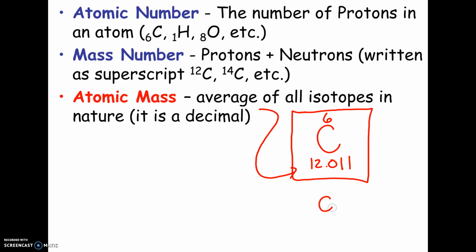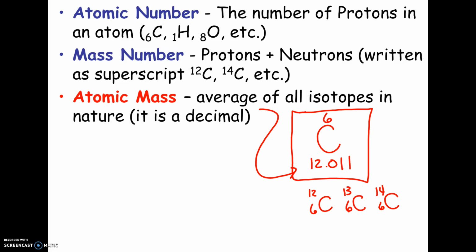So for example, carbon 12 is one isotope of carbon. It has a certain number of neutrons. That's what makes it an isotope. This is a different isotope of carbon, and carbon 14 is a third isotope of carbon. Again, an isotope is when they have different numbers of neutrons.